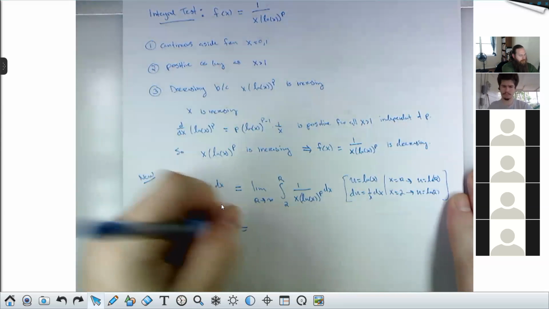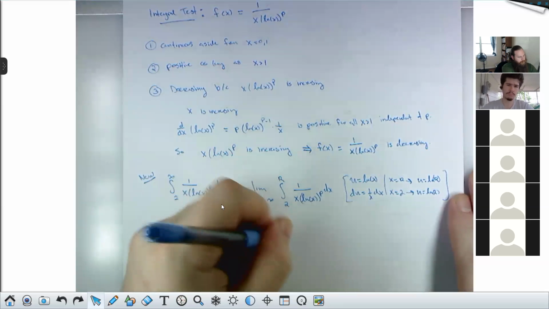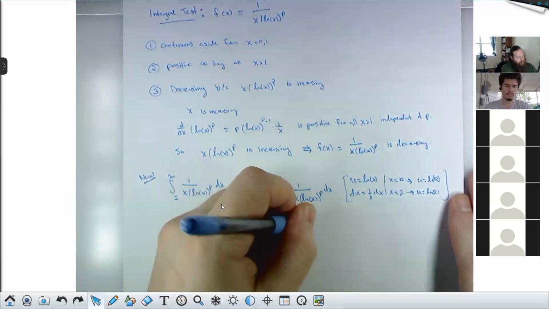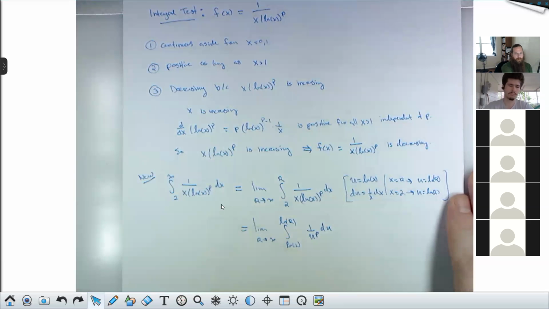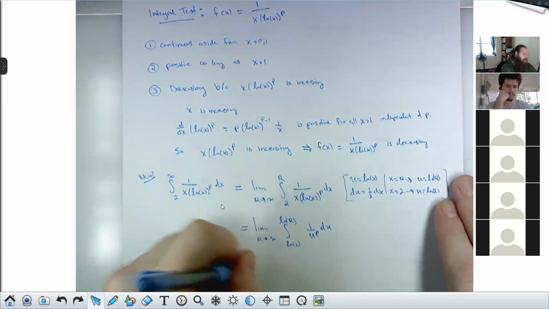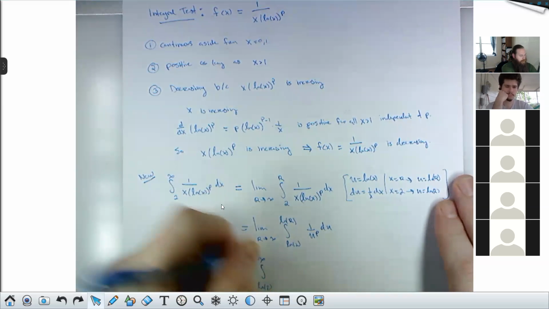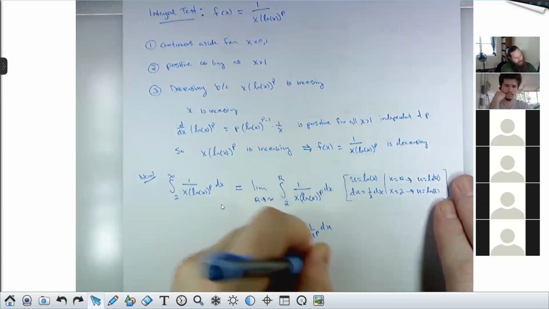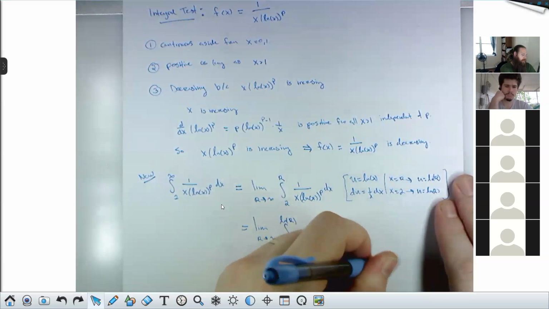And then in a kind of clever roundabout fashion, you transform this into a p integral. So this becomes 1 over u to the p du. And then you can say as r goes to infinity, the natural log of r goes to infinity. We can rewrite this as an improper integral, which is a p integral.